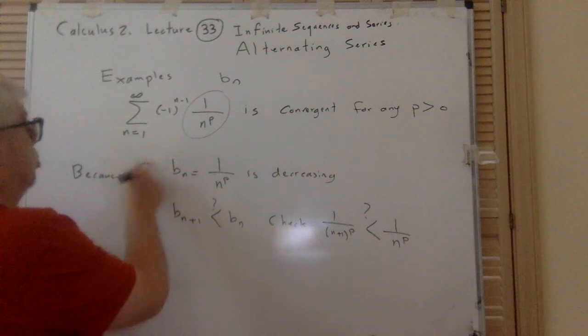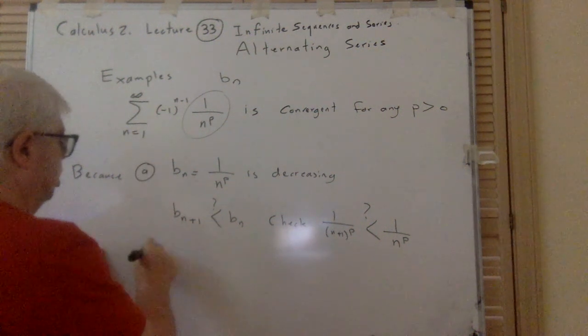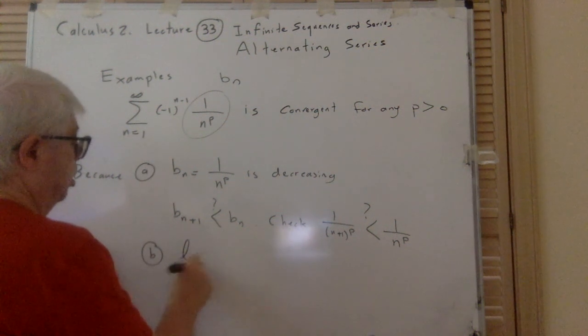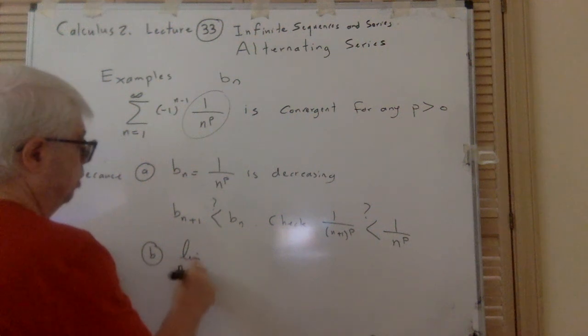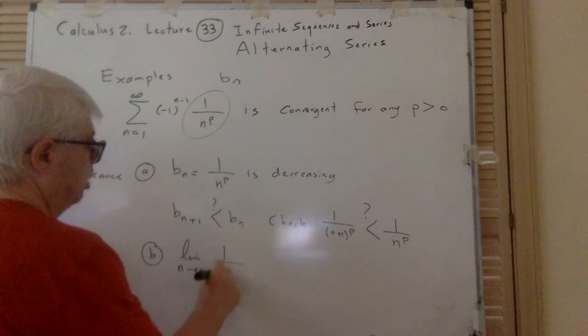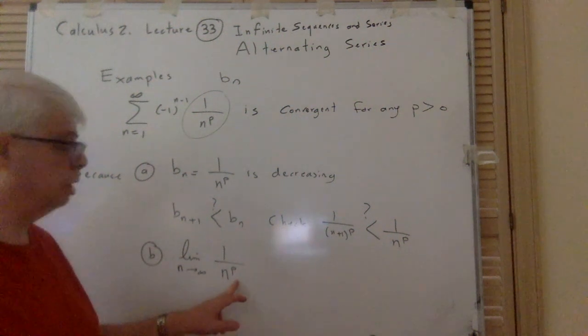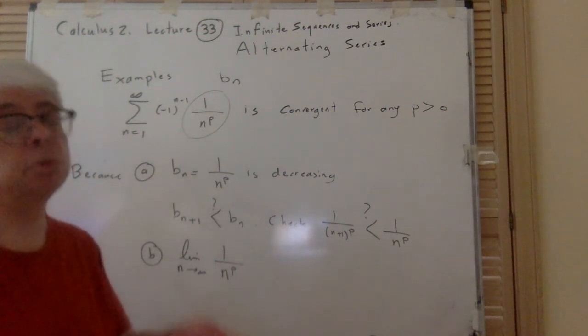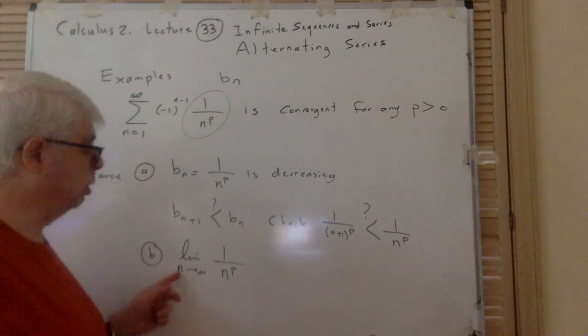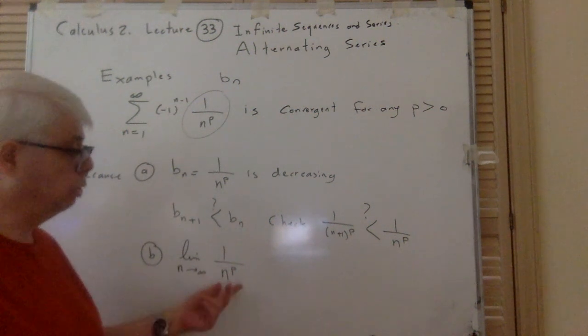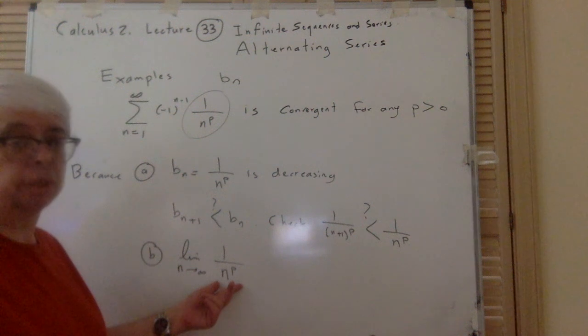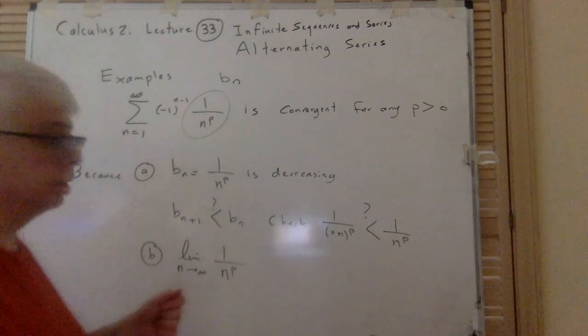Now the limit as n goes to infinity of 1 over n to the power p. Whatever this p is, even if p is 0.000001, something very small, n goes to infinity, so eventually the denominator is infinite and 1 over infinity is 0.